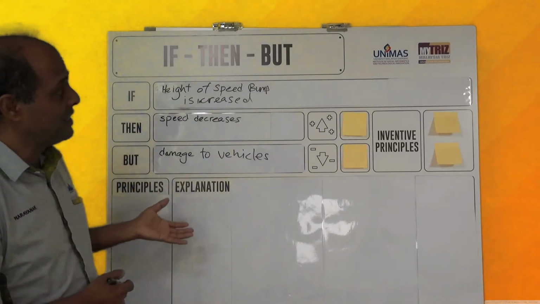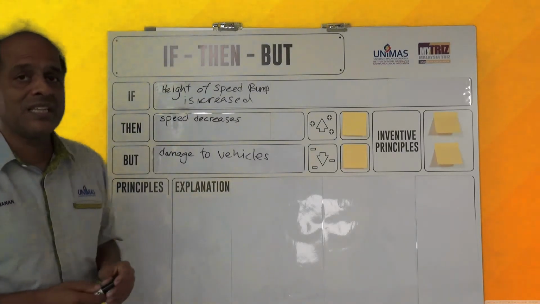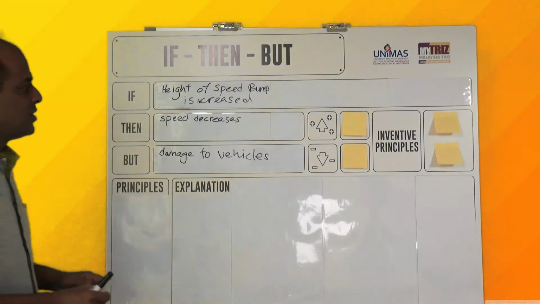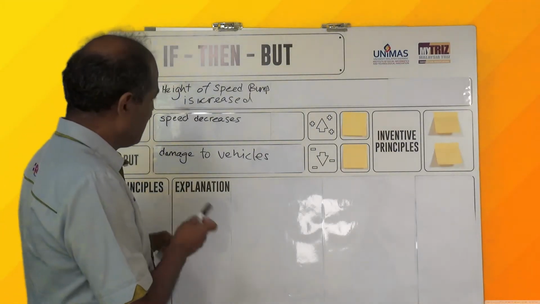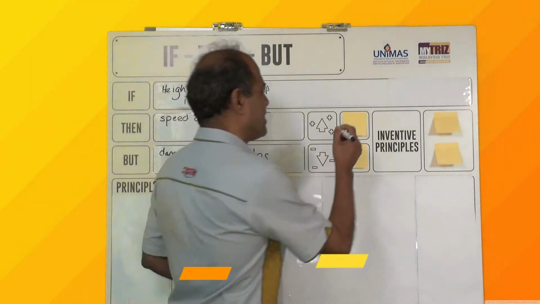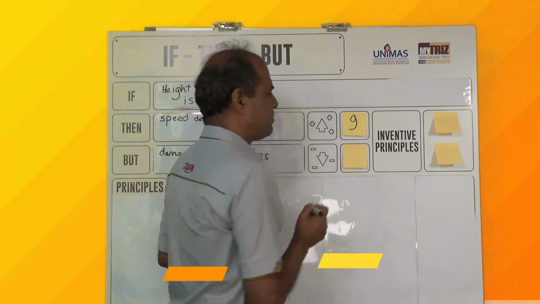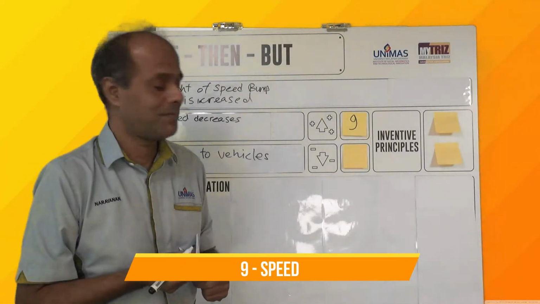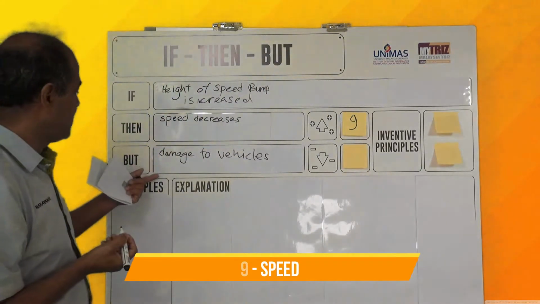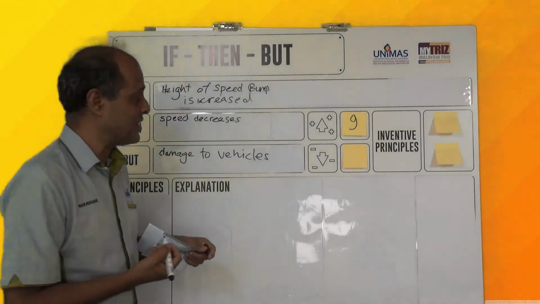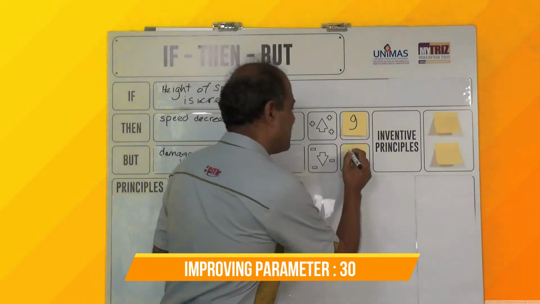So here we have already modeled the first part of the engineering contradiction. The improving parameter is parameter number 9, which says speed, right? And the worsening parameter, when we look at the list of 39 parameters, is parameter number 30.